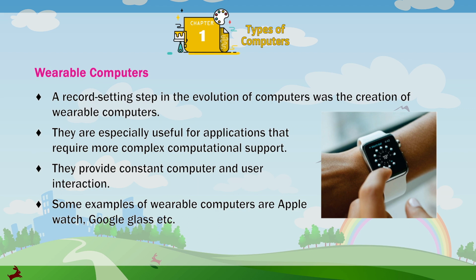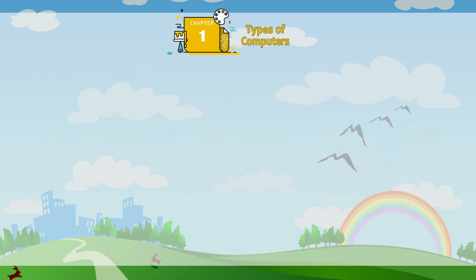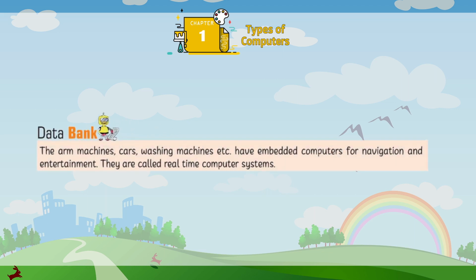Some examples of wearable computers are Apple Watch, Google Glass, etc. Cars, washing machines, etc. have embedded computers for navigation and entertainment. They are called real-time computer systems.